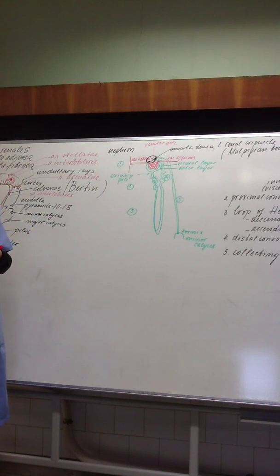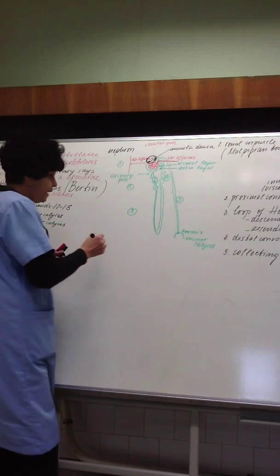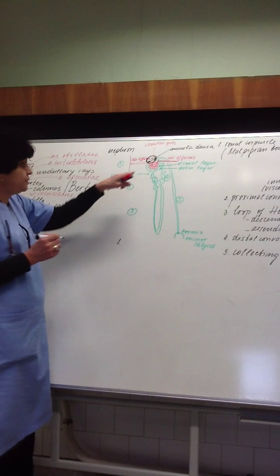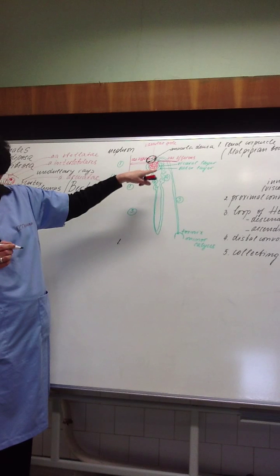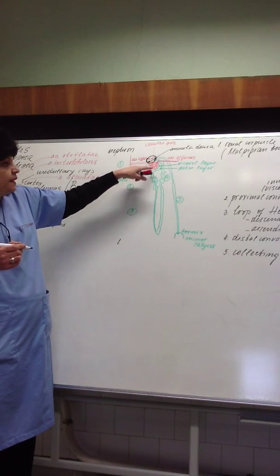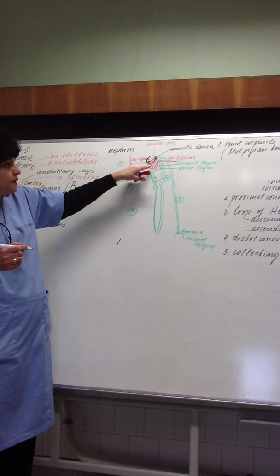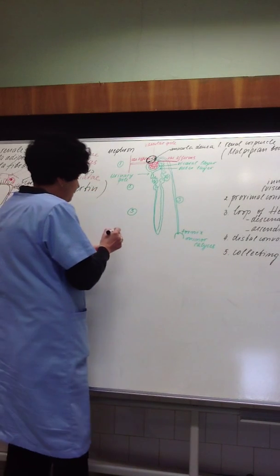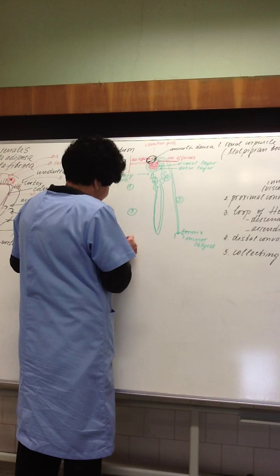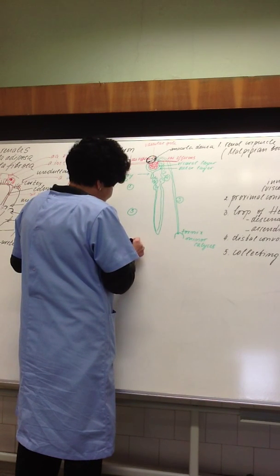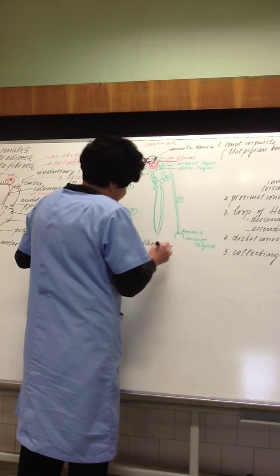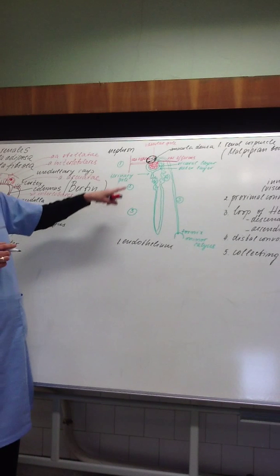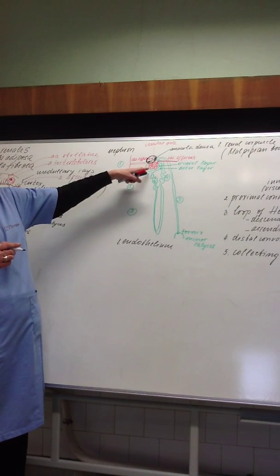The filtration barrier comprises fenestrated endothelium of the glomerulus, of this capillary globe, the fenestrated type of endothelium. The wall of the glomeruli, the wall of the capillary network.